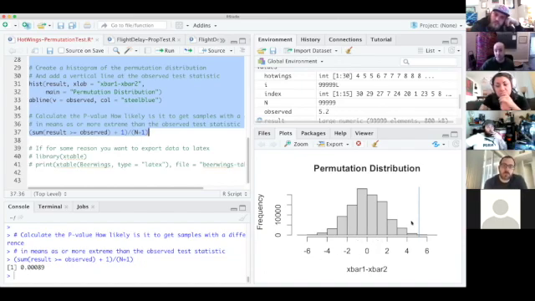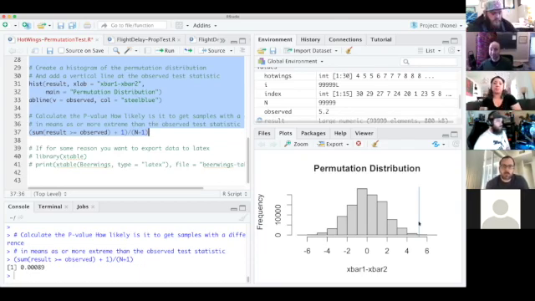So this distribution does fall in line with the null hypothesis, right? That there is no difference between these two groups. And then we observe that our sample is like way out over here. That seems to be beyond the realm of sampling alone, right? There seems to be something more drastic going on in why we observe this difference beyond just how we sampled.